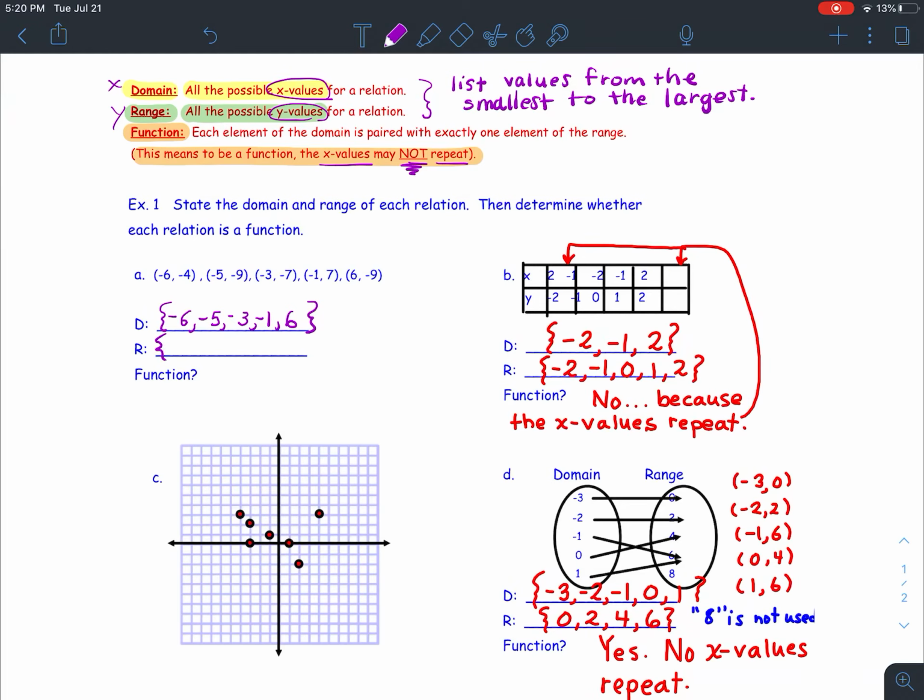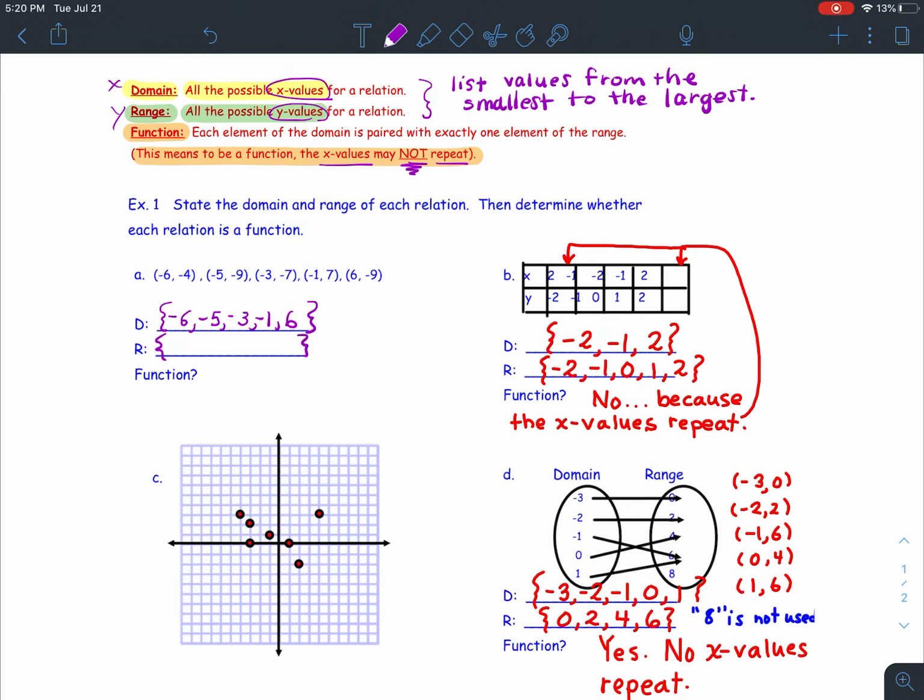The range, same thing. You're going to put an R with a colon, which I have for you there, and then you're going to list, and these are not in order for you already, the smallest y value followed up to the largest y value. Now here's one thing that you should note.